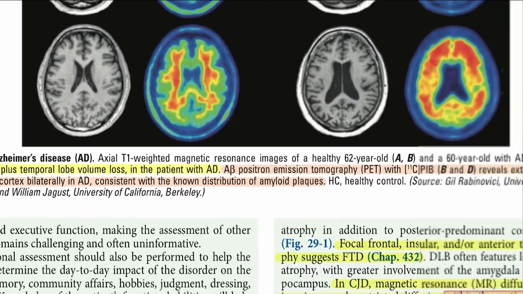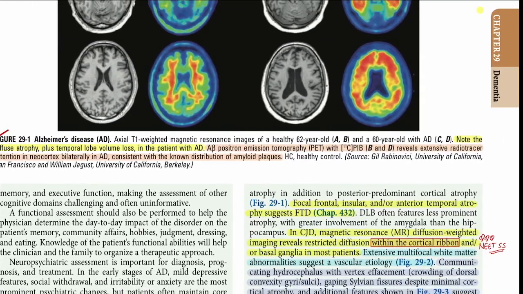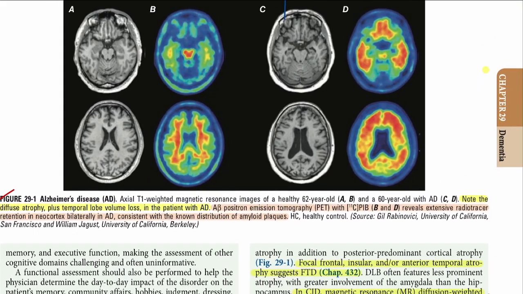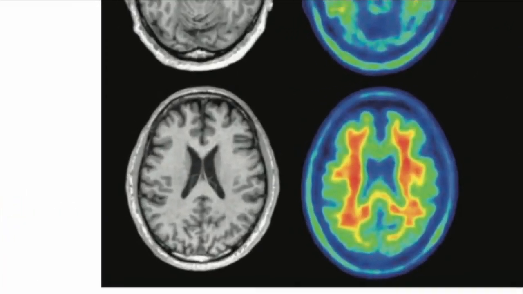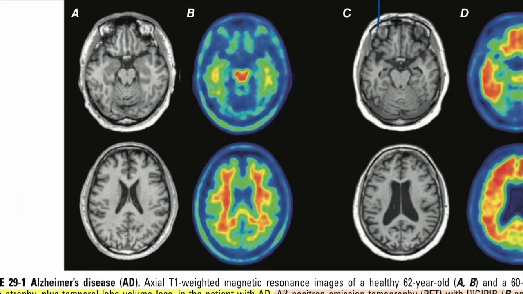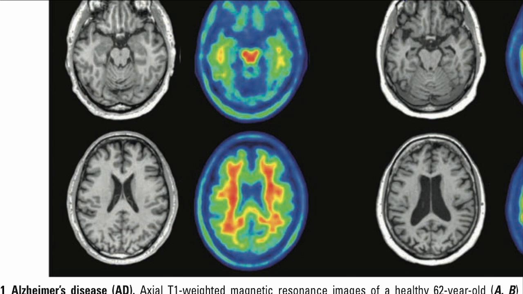What is B? Okay, this is also Alzheimer's disease, in which it is the normal cortex. Here is the cortical atrophy.